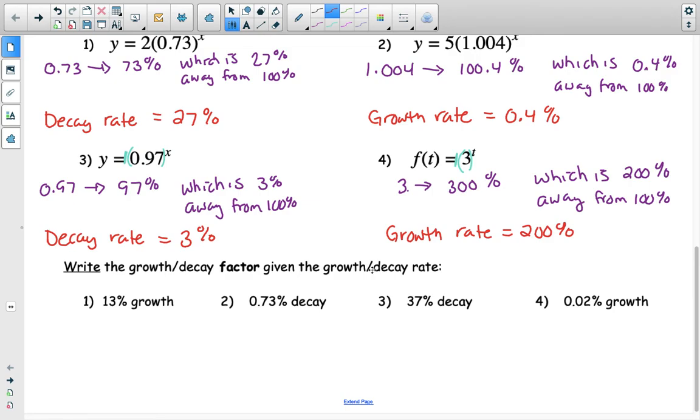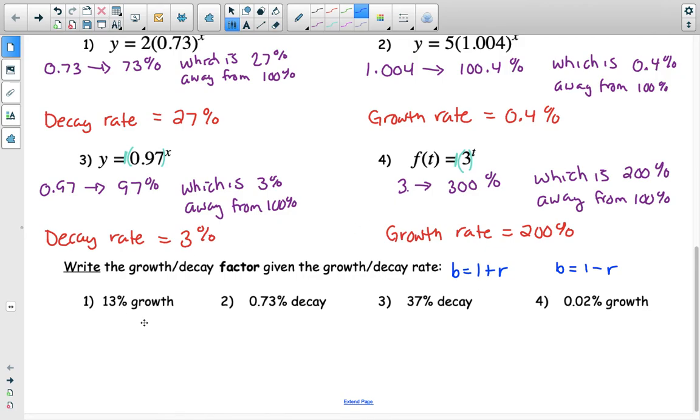That means that it's going to be added to 100%. So our factor is 1 plus or 1 minus the rate. So we're going to use b equals 1 plus the rate as a decimal only, not a percentage. Or we're going to do b equals 1 minus the rate as a decimal only, depending on if it's growth or decay. So for number 1, it says it's growth.